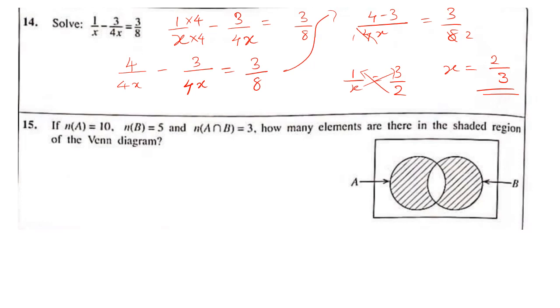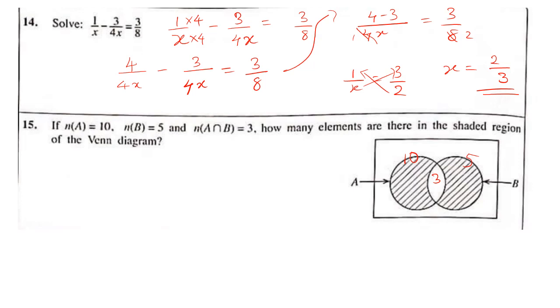If n(A), the number of elements in A, is 10, and the number of elements in B is 5, and the number of elements in A intersect B is 3, you have to find out how many elements are there in the shaded region of this Venn diagram.